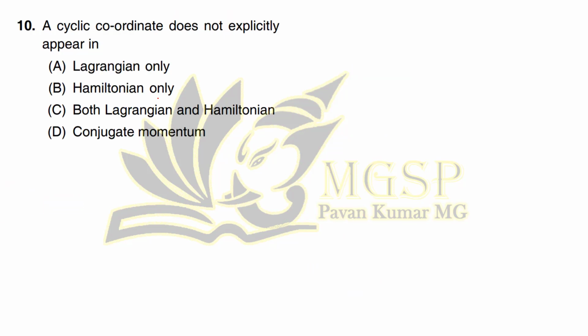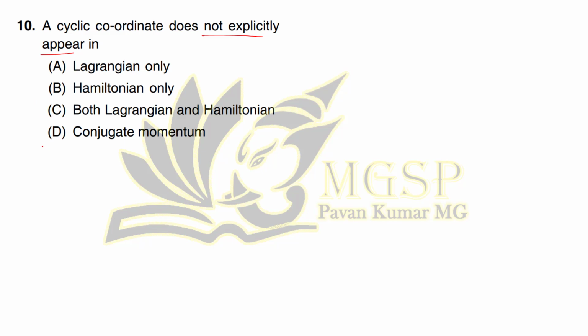Now let's go for question number 10. A cyclic coordinate does not explicitly appear in the Lagrangian or the Hamiltonian. It means some coordinate does not exist in the Lagrangian or the Hamiltonian.